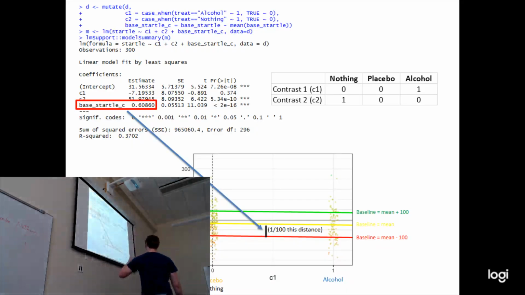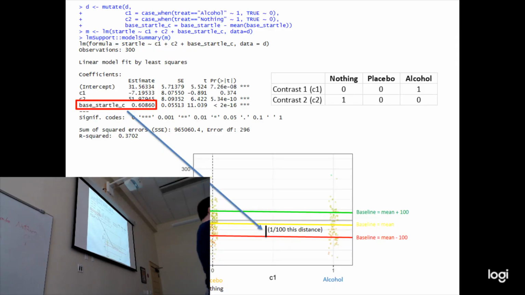baseline startle is represented by the vertical distance between these lines. I've gone out 100 below the mean baseline startle, 100 above. I could have gone out one on either side, and that vertical distance would have been 0.6.